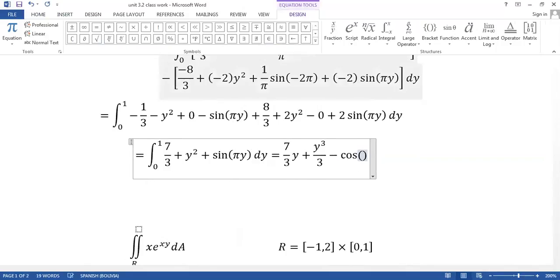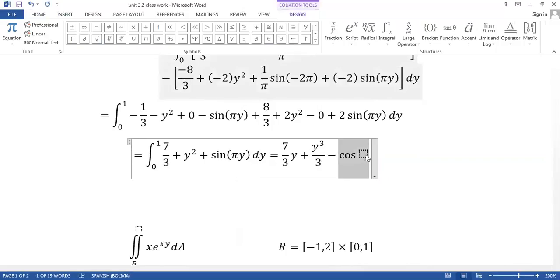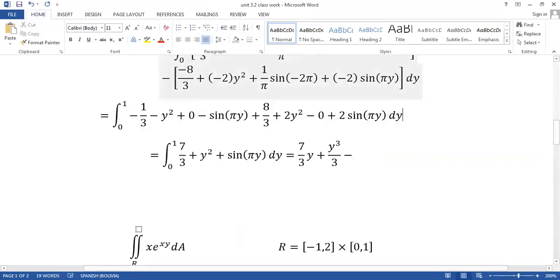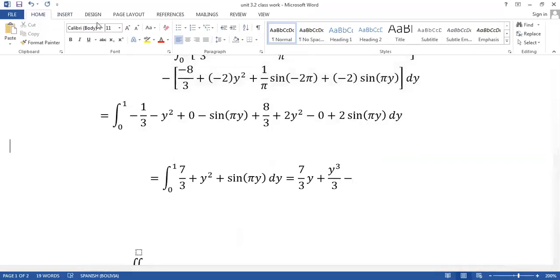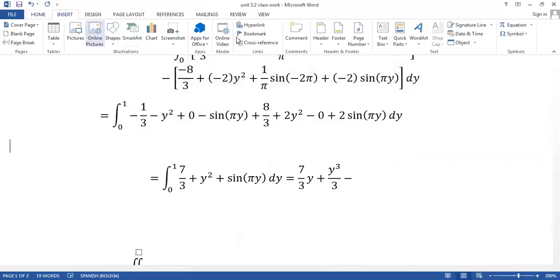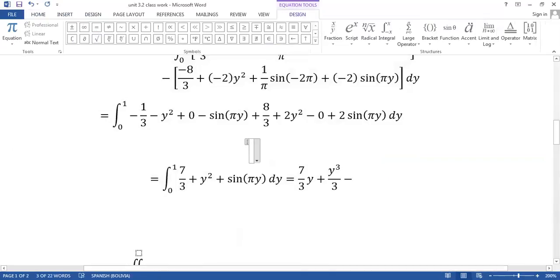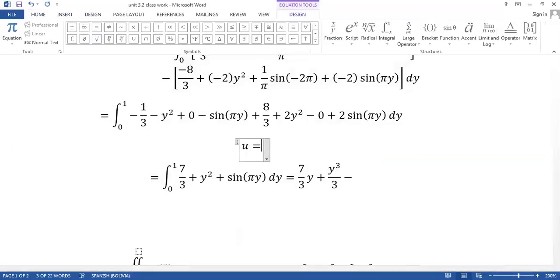Won't you have to use u substitution in this case, sir? Oh yes, you are absolutely right. I was getting ahead of myself here. Insert equation. You see? Oh, I know who's going to get the next A. Don't bother with that.